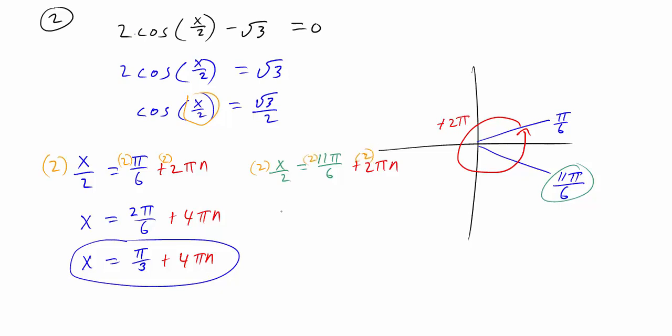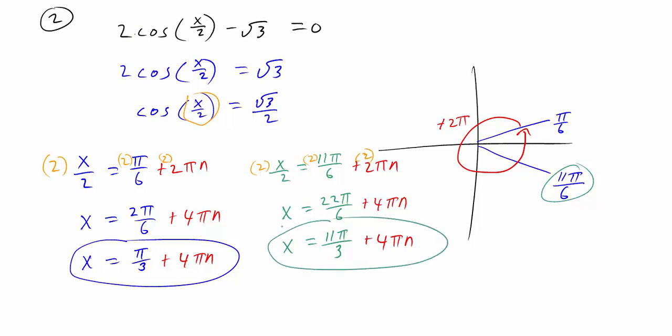So we're going to be left with x equals 22 pi over 6 plus 4 pi n. So if we simplify this, 2 into 22, we'd be left with 11 pi, and 2 into 6 is equal to 3, and then we add on the 4 pi n, and there we have the other part, our solution to this equation.